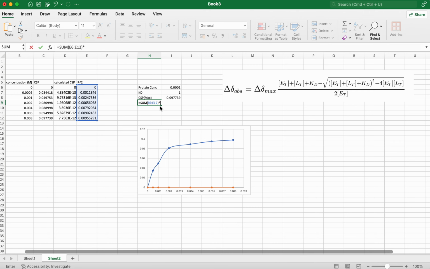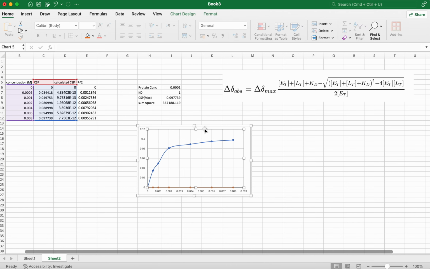So to avoid that, we can multiply with a high number to have a large number. Then we can easily identify how we can fit the value. So what I do, I transfer it here. So this will be our sum square into that number, a random number you can choose. So once we have this, now we are ready to fit.